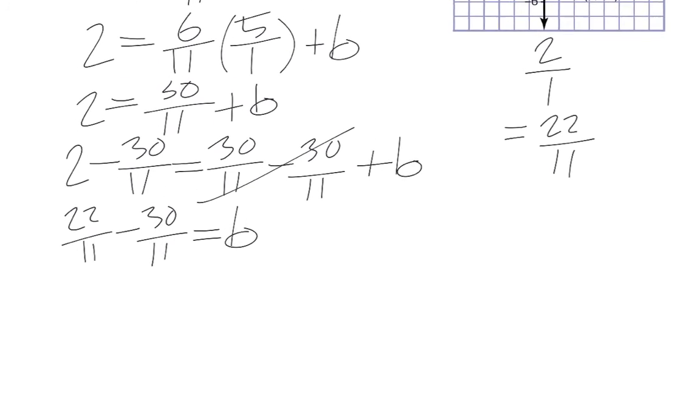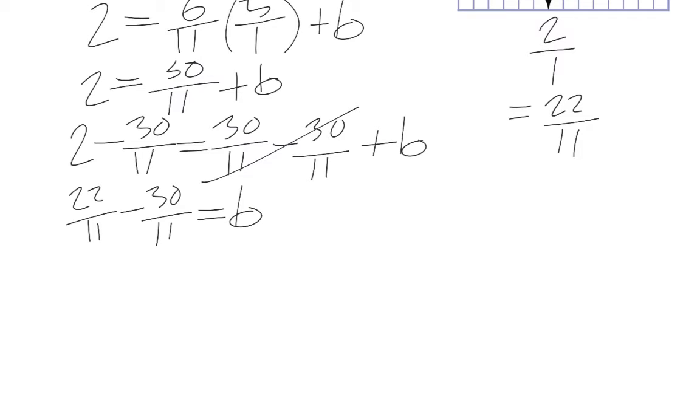And like I said, once you have a common denominator, you can go ahead and subtract the numerators. So 22 subtract 30 is -8, and the denominator stays the same. Therefore, our y-intercept is -8 over 11.